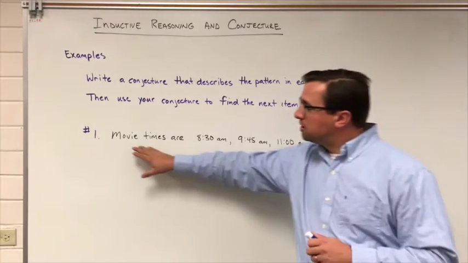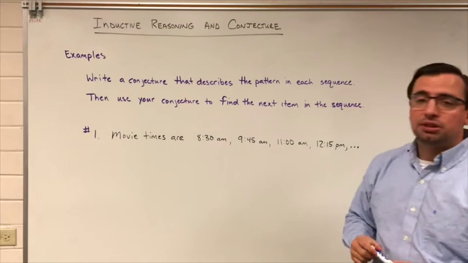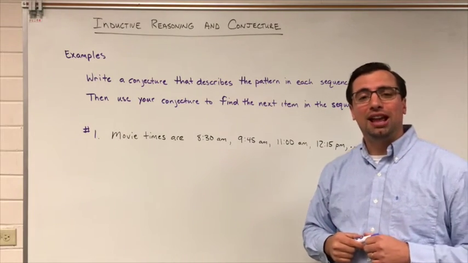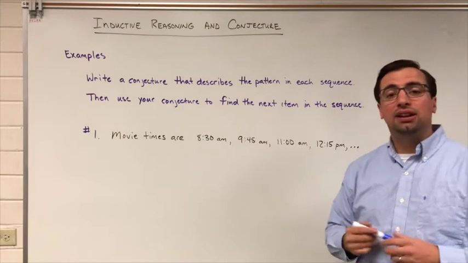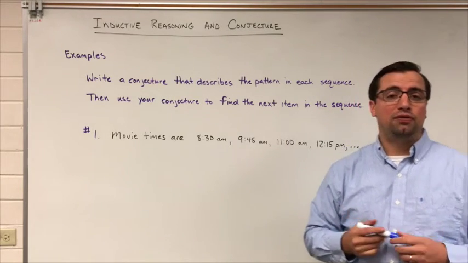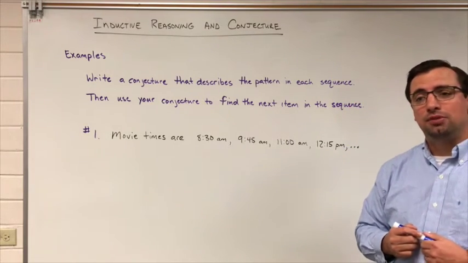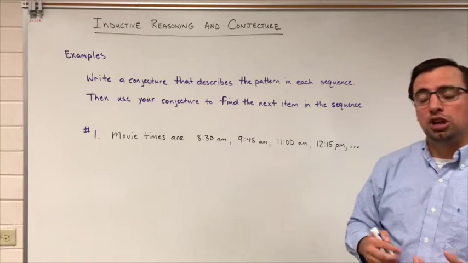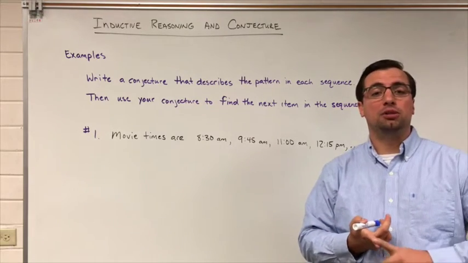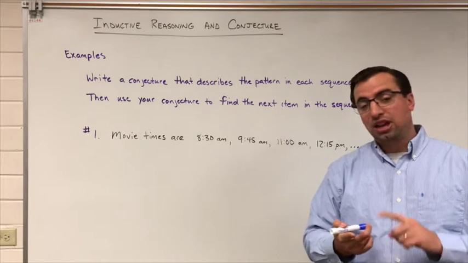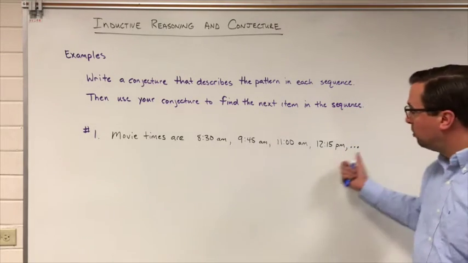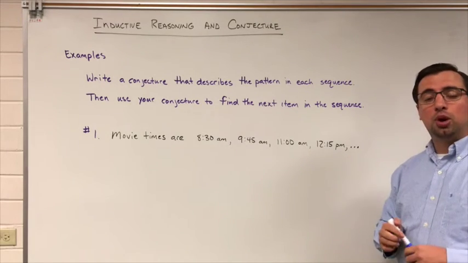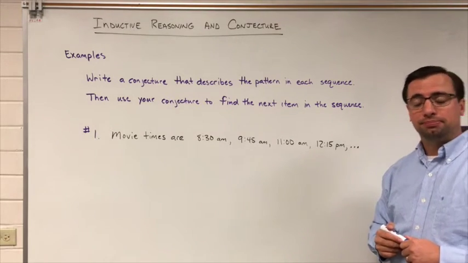So our first problem says movie times are 8:30 a.m., 9:45 a.m., 11 a.m., and 12:15 p.m. Our task is to come up with the pattern in between the movie show times and then to write a conjecture about when the next movie show time will be after 12:15 p.m.